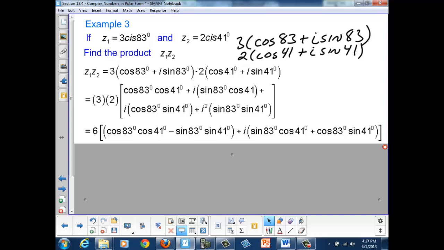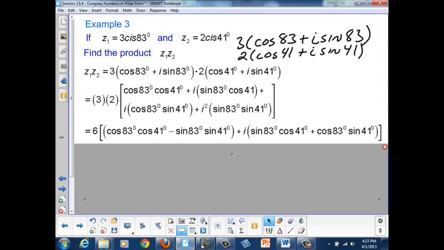All right, this looks kind of messy, but now we're going to go back to our trigonometric identities. Ha, you thought you were through with those, didn't you? Here, this first pair of terms, I have a cosine cosine minus a sine sine. And if we remember our trigonometric identities for this type of combination, that's the cosine of A plus B. And here on the other side with the i term, I have sine cosine plus cosine sine.